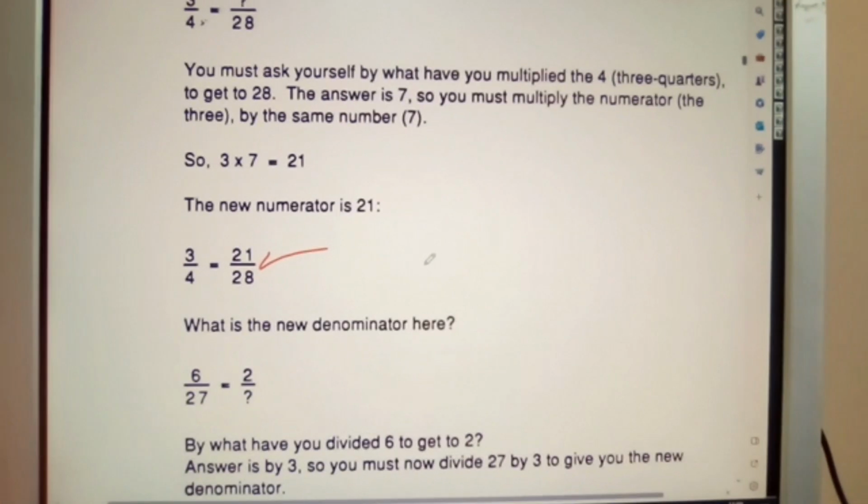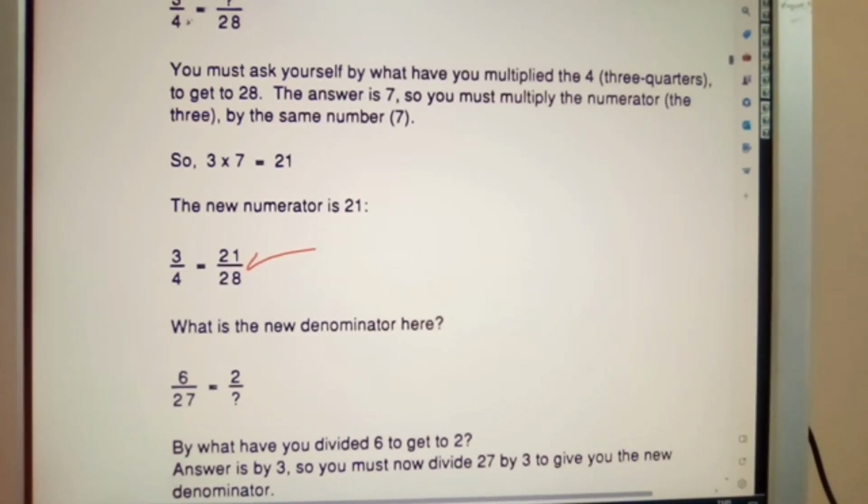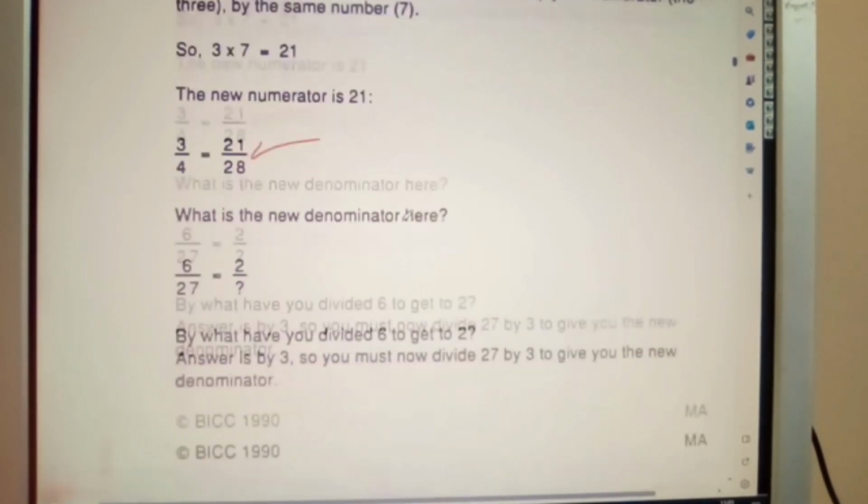Now write these out for yourselves. It's important that you understand that and get that done at all stages.